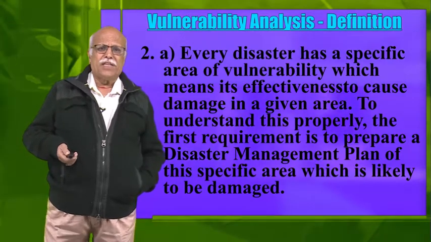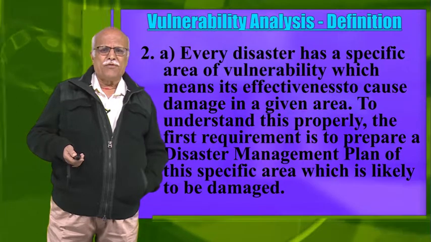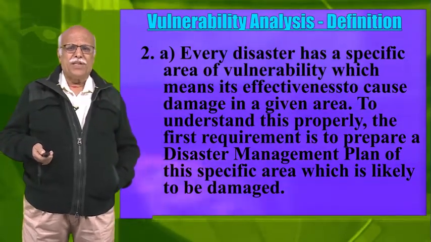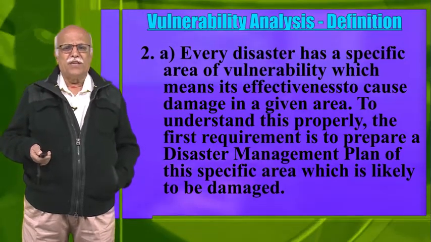There is another aspect that has to be taken into consideration. Whenever we talk in terms of vulnerability, there is what is known as primary vulnerability and secondary vulnerability. What do you mean by primary vulnerability and secondary vulnerability?